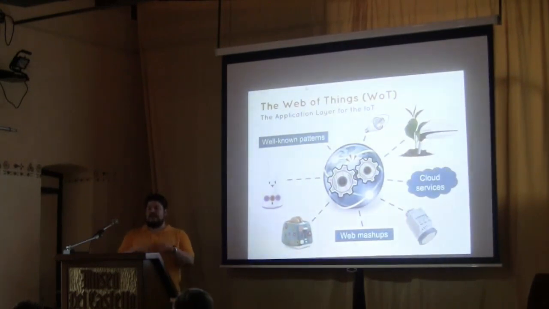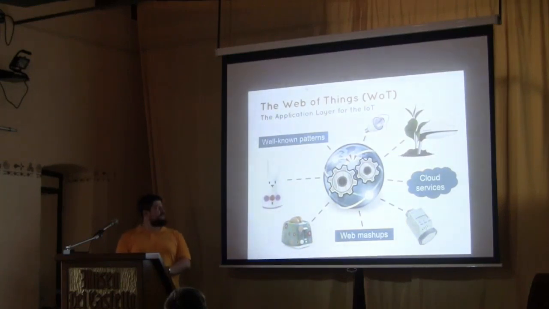Basically, it's what the web is for the Internet. So it's supposed to be the application layer for the IoT. The good part is the web is basically the de facto application layer for the Internet. Most of our services, of our applications, run on the web. There are other application layers like email or FTP, but the most successful one is definitely the web.